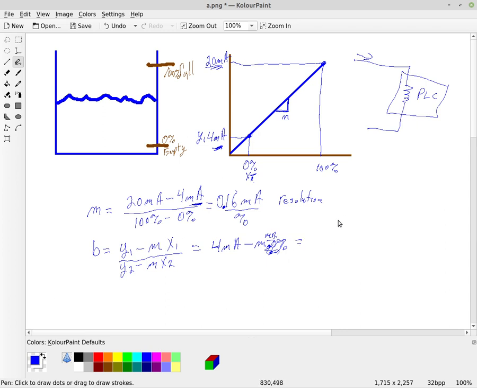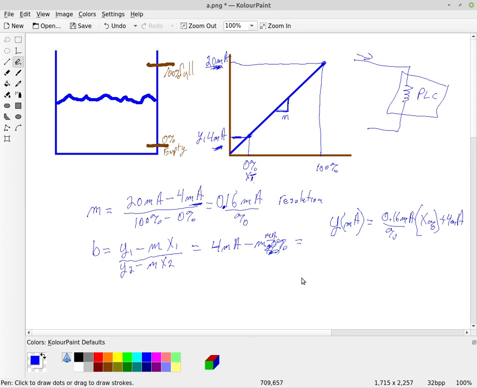So our equation for milliamps is equal to 0.16 milliamps per percent times X percent plus 4 more milliamps. So when the tank is empty, our sensor is still going to give us 4 milliamps. And when the tank is full, our sensor is going to be giving us 20 milliamps.